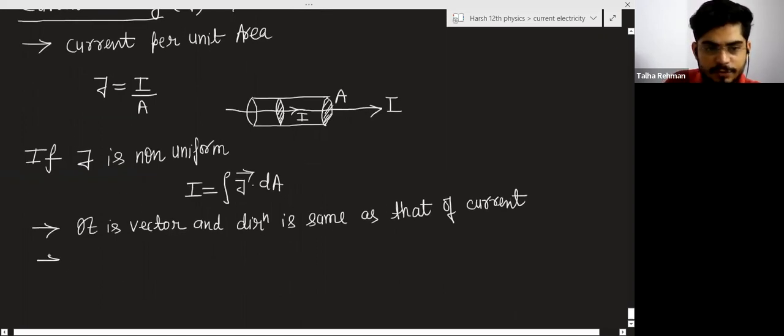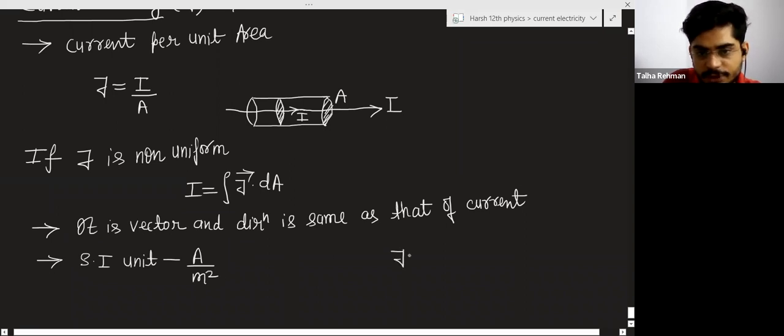And if you talk about the SI unit, then the SI unit of current density is ampere per meter square.